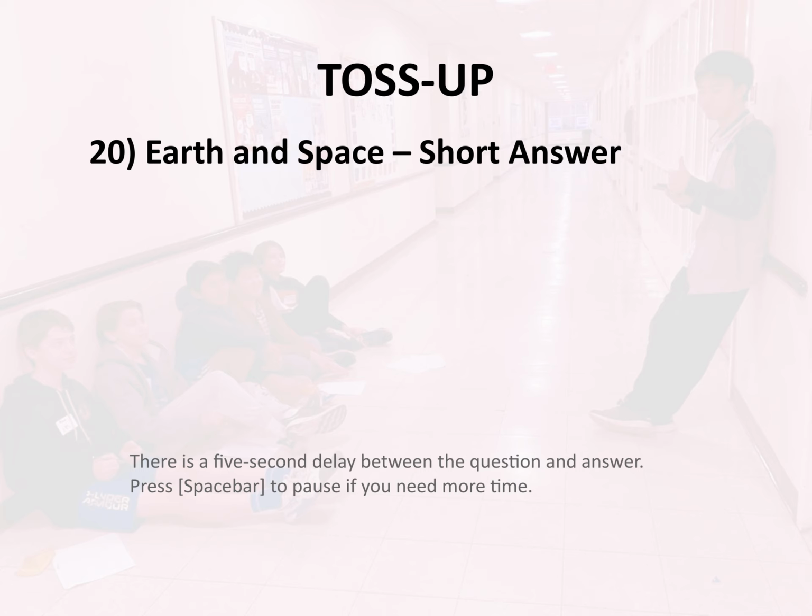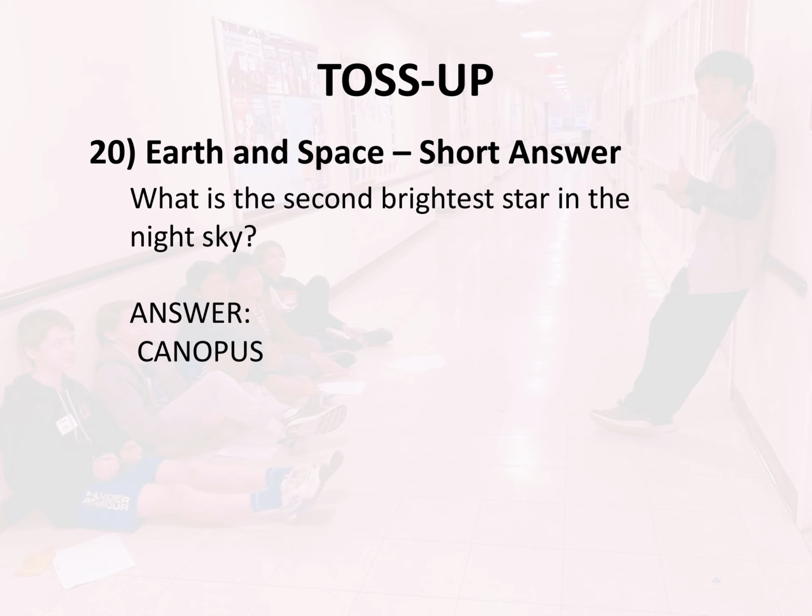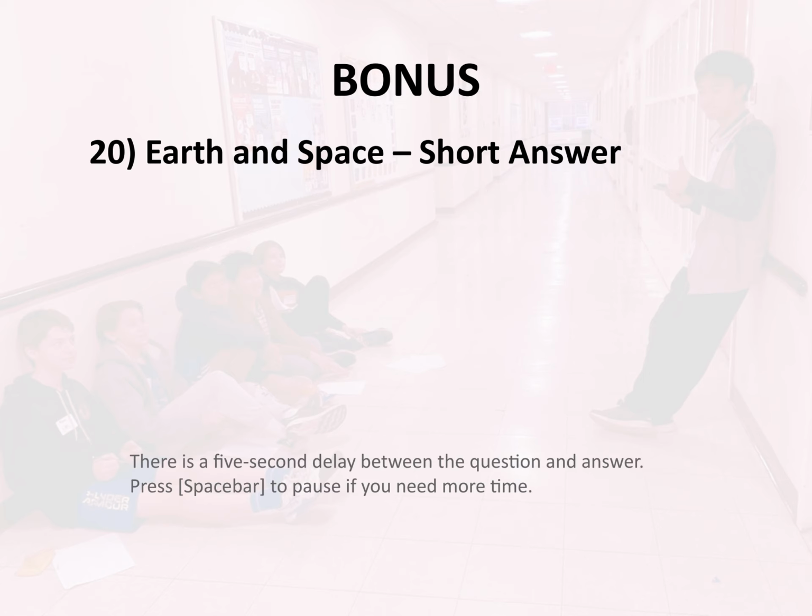Toss-up 20. Earth and space, short answer. What is the second brightest star in the night sky? Answer: Canopus. Bonus 20. Earth and space, short answer. What famous lake was formed as a result of the collapse of Mount Mazama?